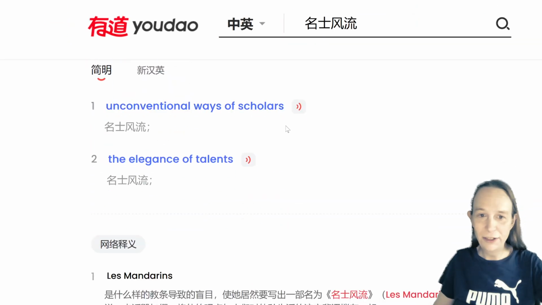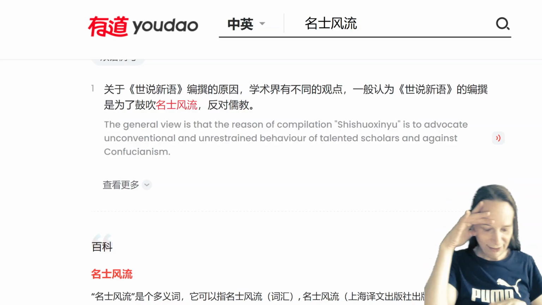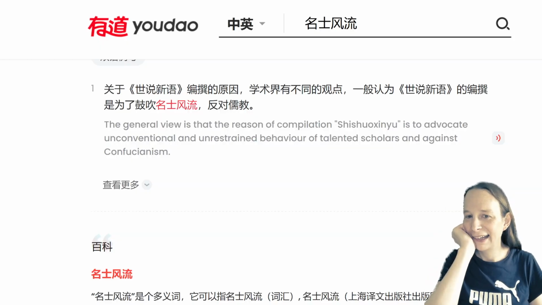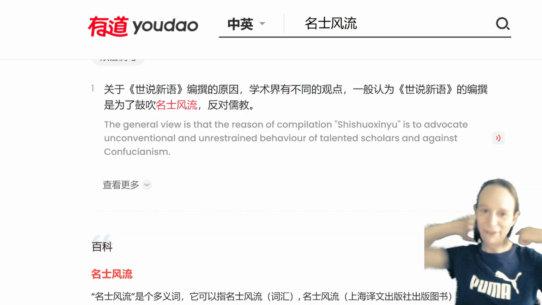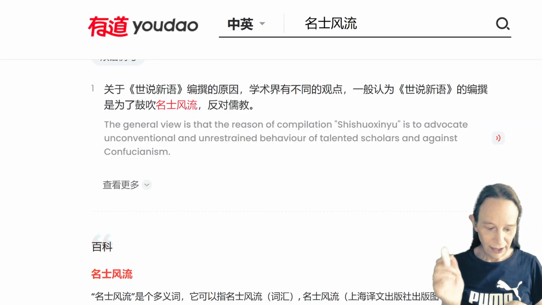So unconventional way of scholars. Maybe they're a little bit eccentric because they kind of understand things in different ways than others.